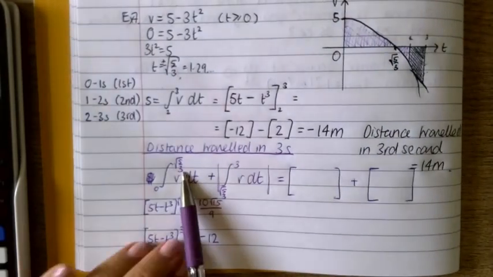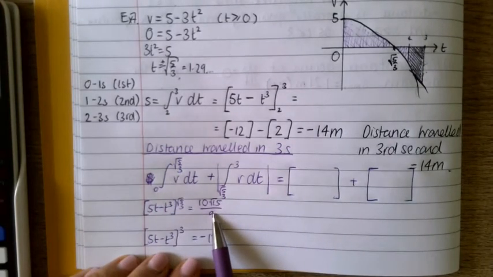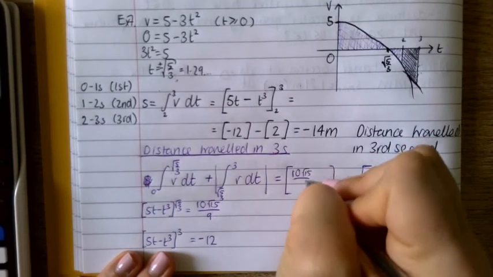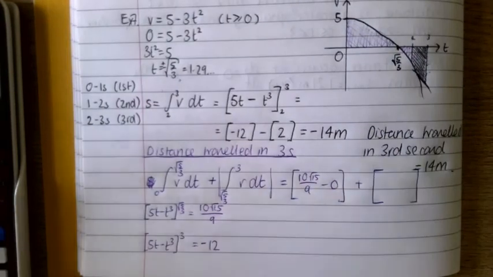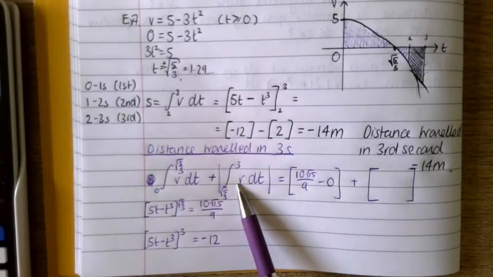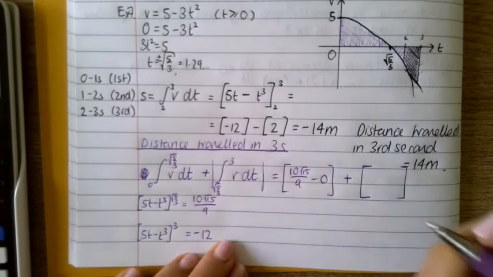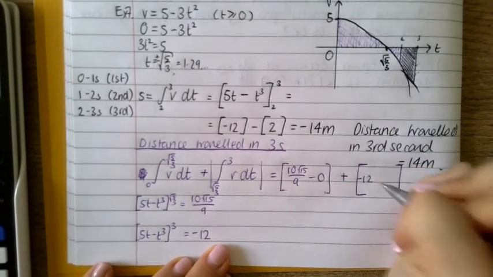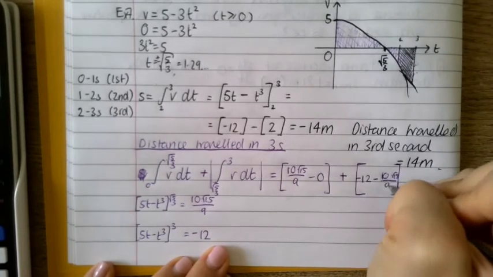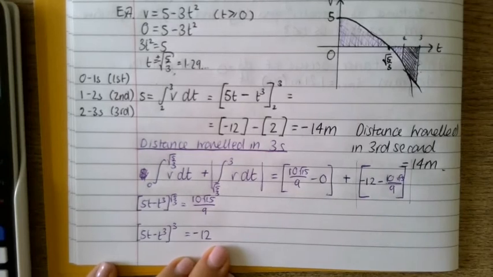Now this one is going to be 10 root 15 over 9, take away 0, which is fine, it's just 0. Now this is one that I need to be careful with because I want the magnitude of it. So it's going to be negative 12, subtract 10 root 15 over 9, and whatever that turns out to be needs to be positive.